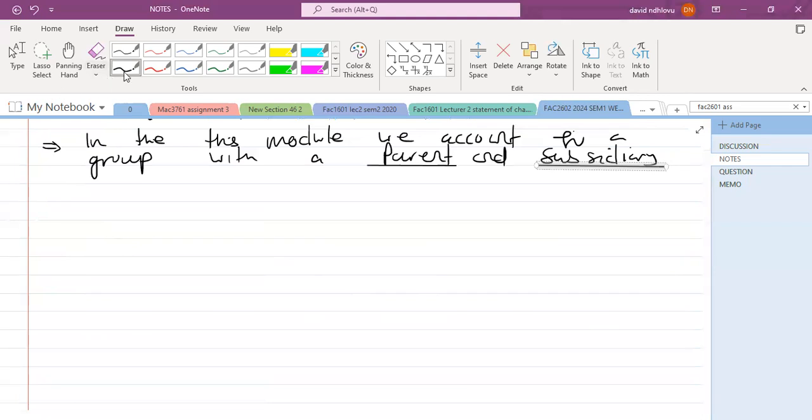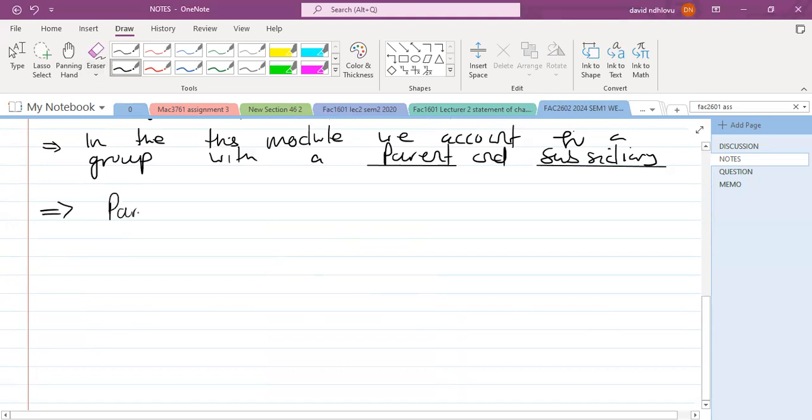So we want to look at what we call a parent. Remember, a parent will exist in a group.